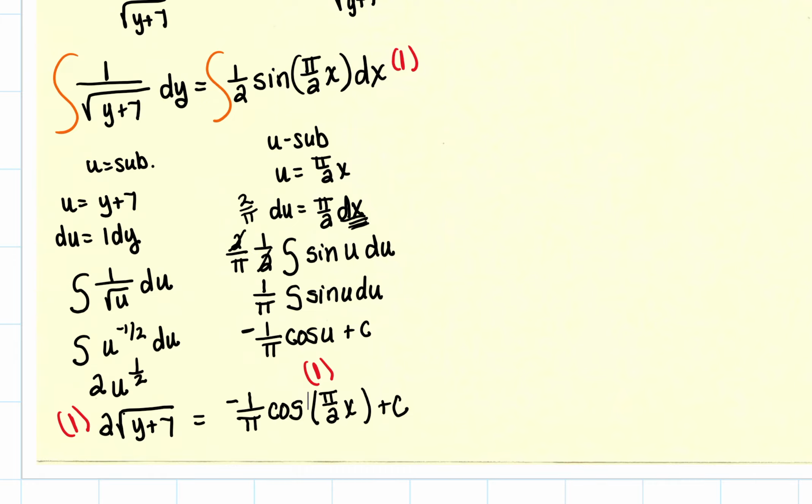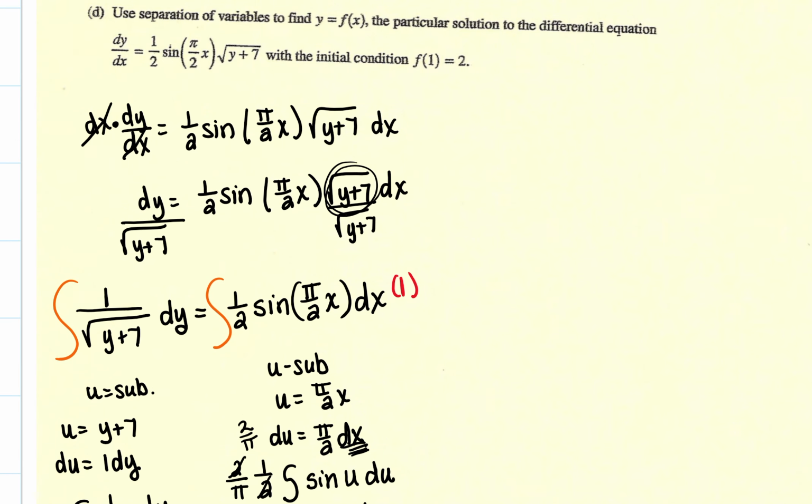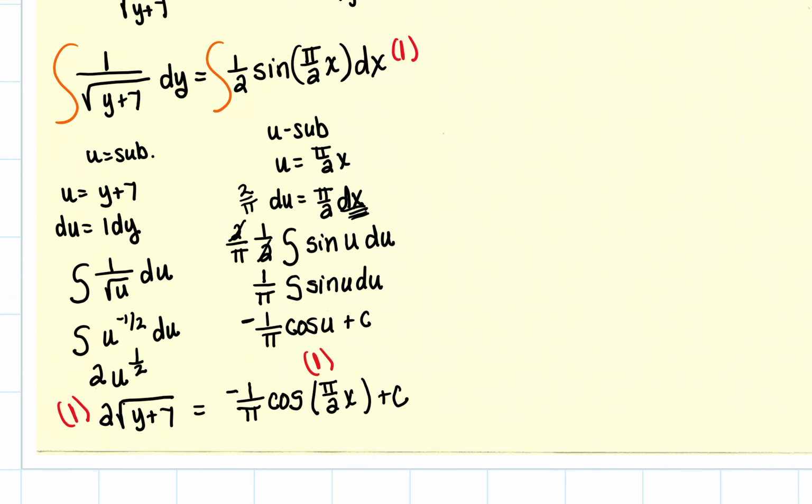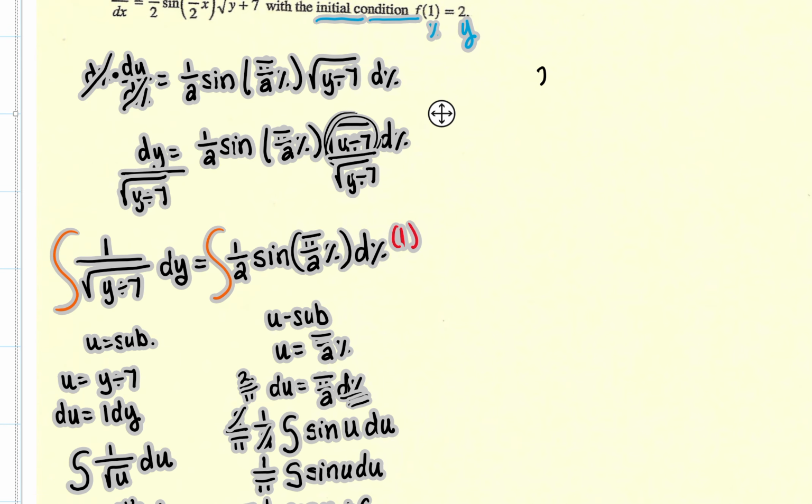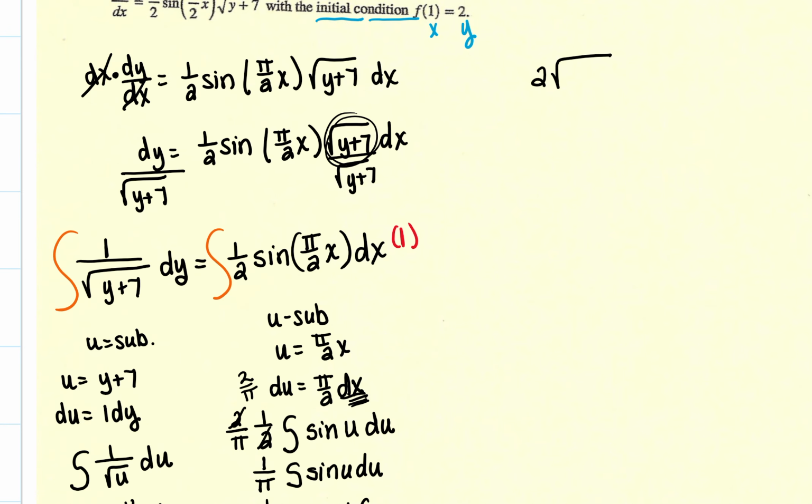Now let's solve for the constant of integration. To solve for the constant of integration, we're going to come back up here and use the initial condition. This is our x, and this is our y. So we're going to come back down here, and we're going to say 2, the square root, but where that y is, we're going to put in a 2 plus 7 equals negative 1 over pi, the cosine of pi over 2, but where my x is, I'm going to put a 1 plus c.